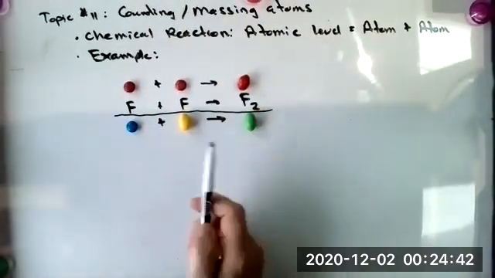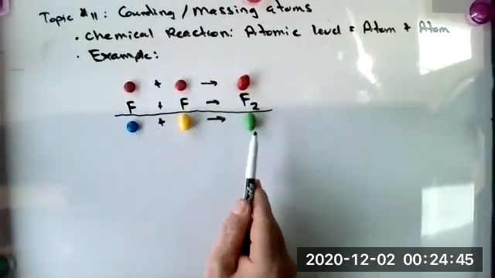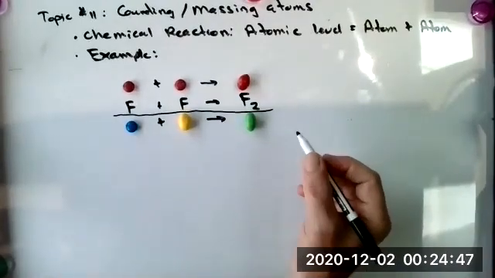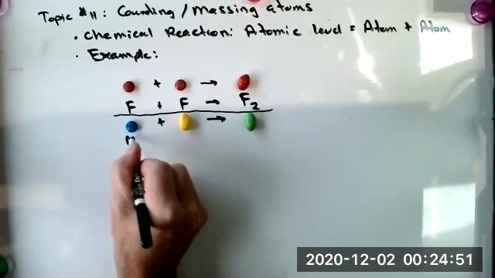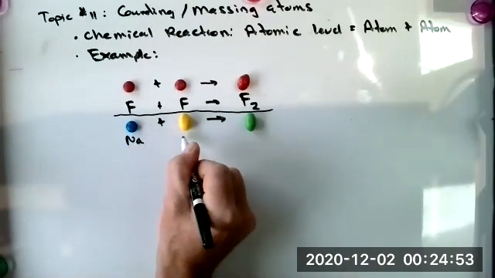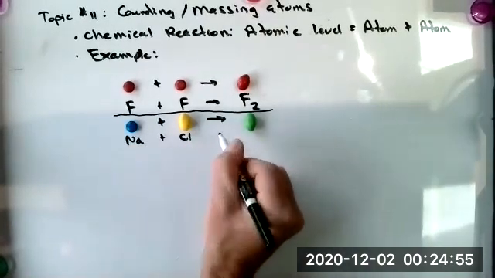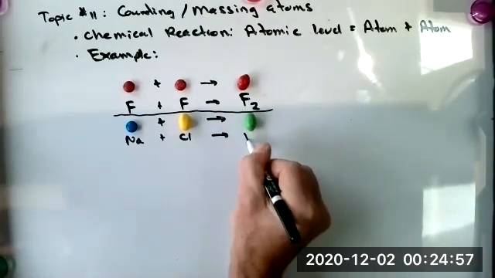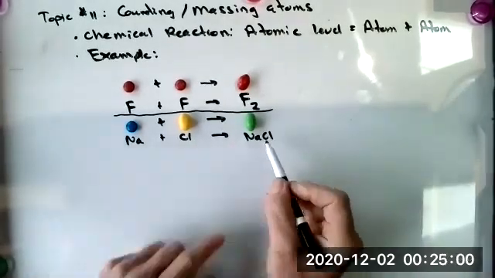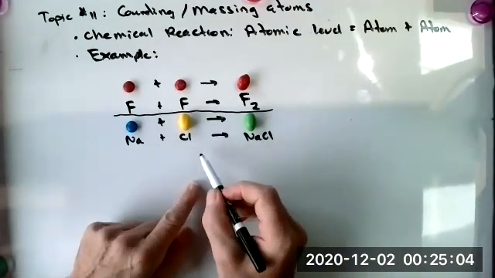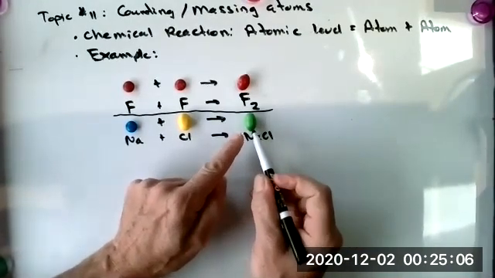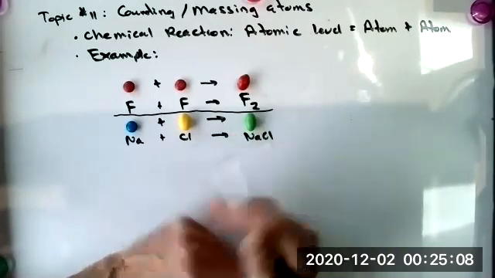Yes, I did it right. Blue and yellow make green. So an example of this would be like table salt, where you have your sodium and you have your chlorine and you put the two together. And what you do is you actually form one molecule of these two atoms combined together. And that's why I used the larger green M&M.